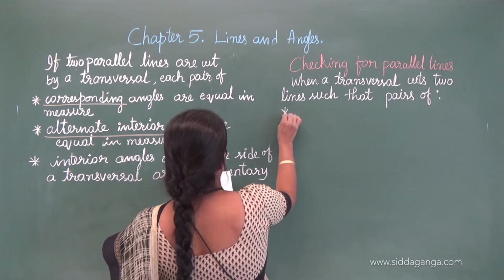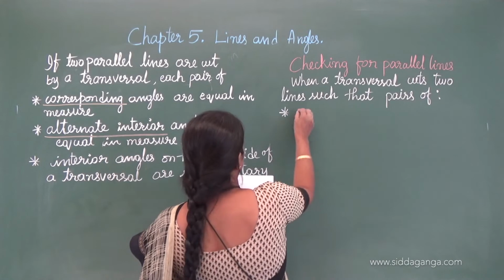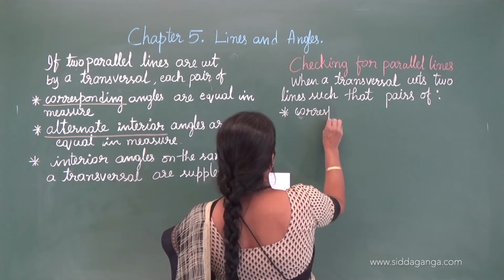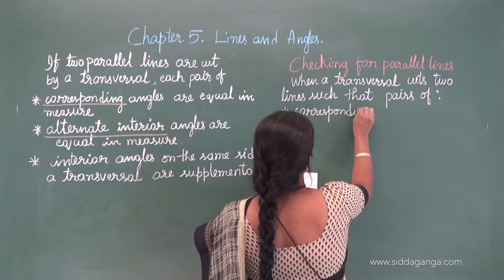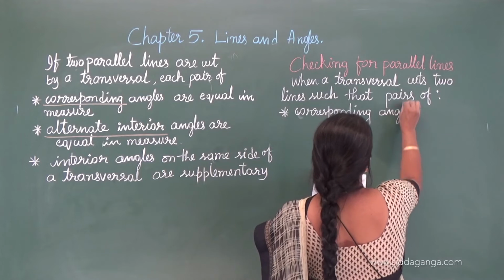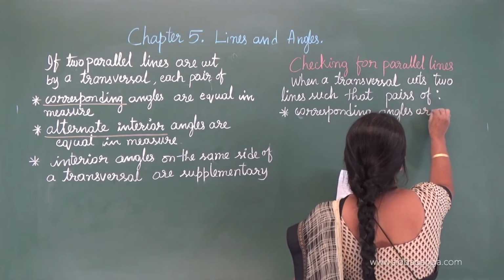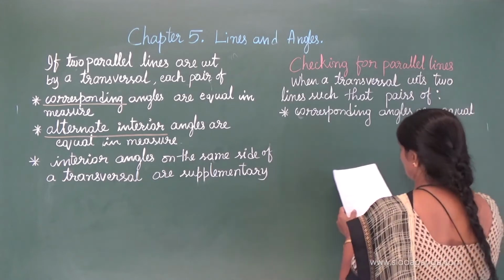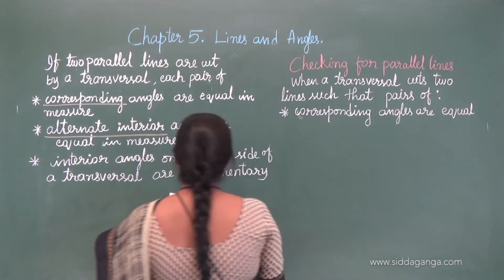The first point is corresponding angles are equal. If corresponding angles are equal, then what can we say? We can say that the lines have to be parallel.